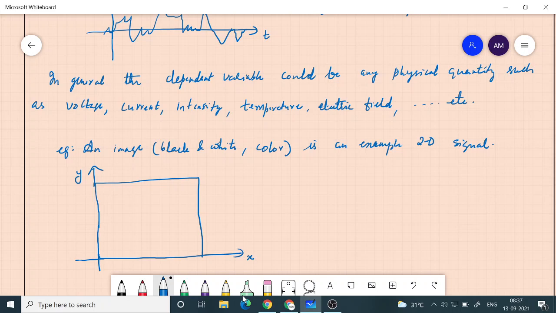So if you have some shape here, maybe something like this, okay, whatever, some picture is there, and you can see that the intensity at these portions, they are dark, okay, and some region it could be gray, some region it is very bright. So intensity is varying from position to position.